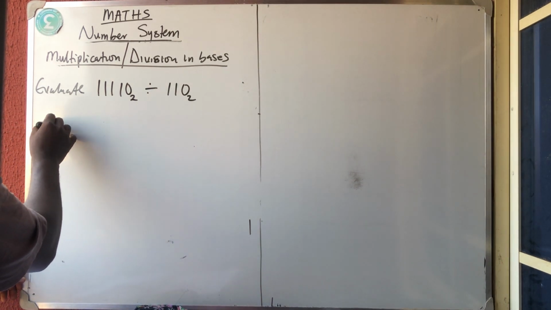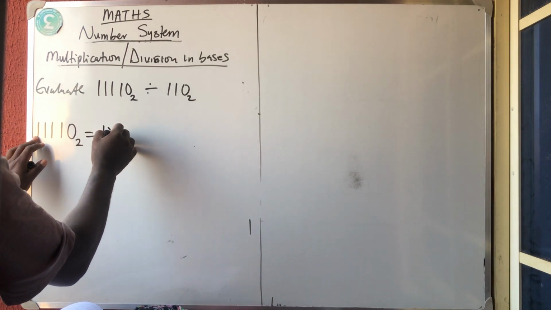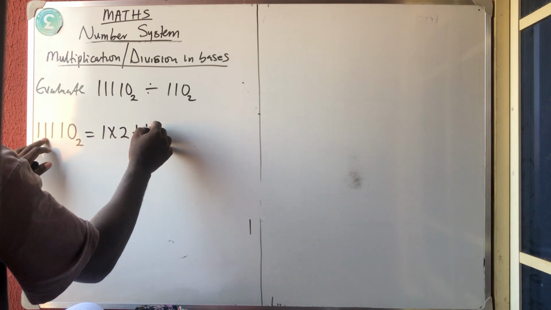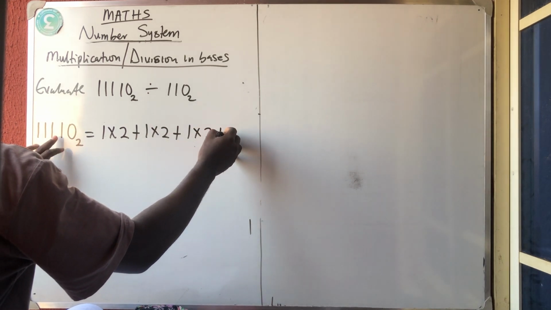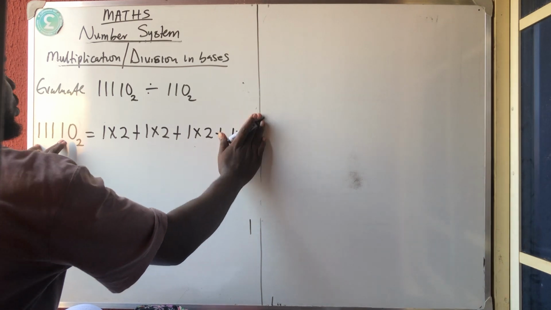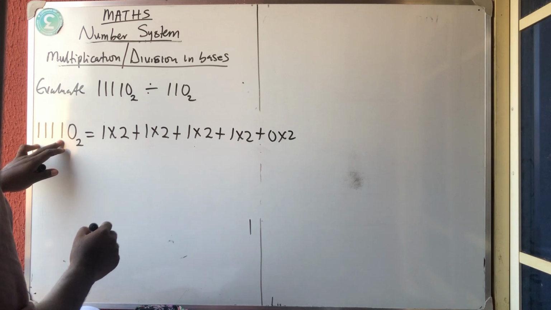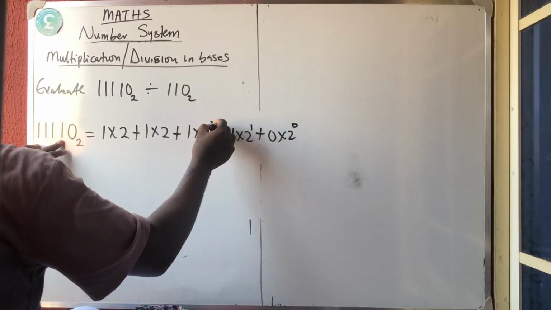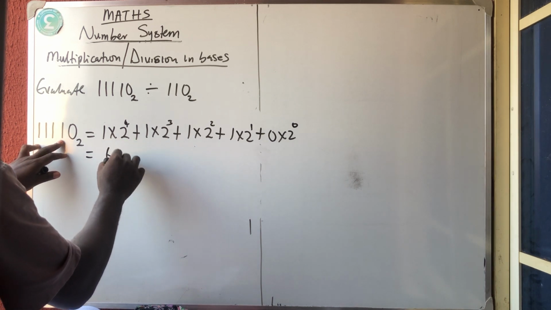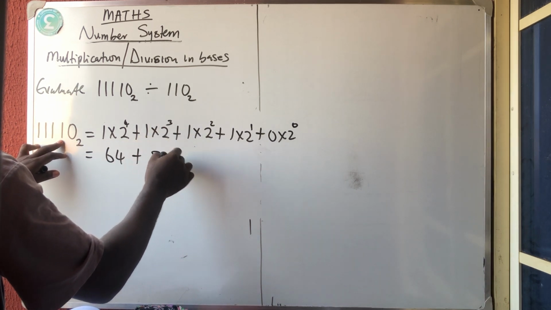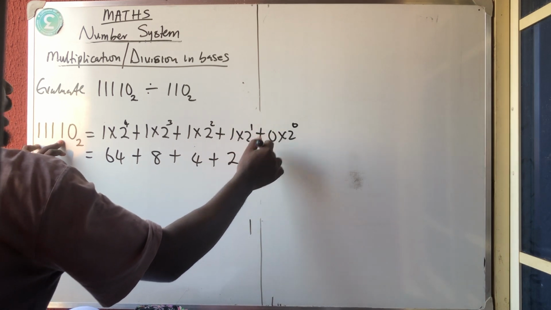So 11110 base 2 is equal to what? 1 times 2 to the power 4 plus 1 times 2 cubed plus 1 times 2 squared plus 1 times 2 plus 0 times 2 to the power 0. Okay, so what do you have now? This is 0, 1, 2, 3, 4. Okay, this is 1 times 16, plus 1 times 8, plus 1 times 4, plus 1 times 2, plus 0 times 1.